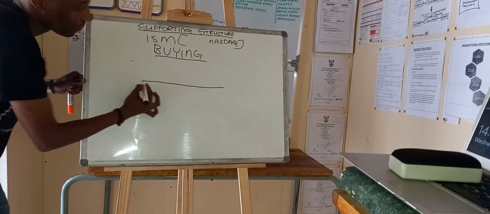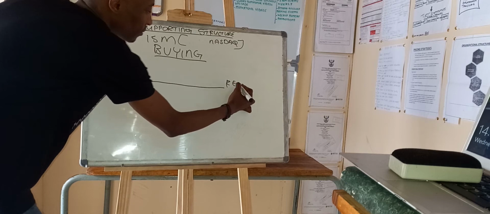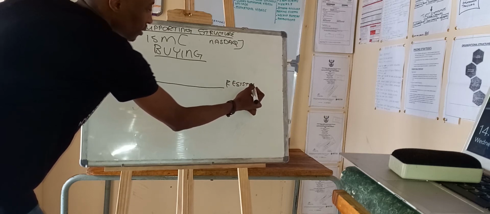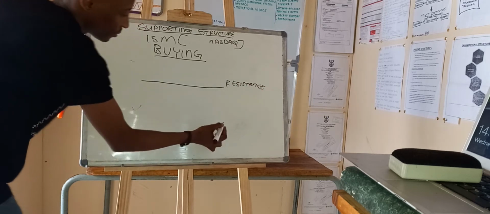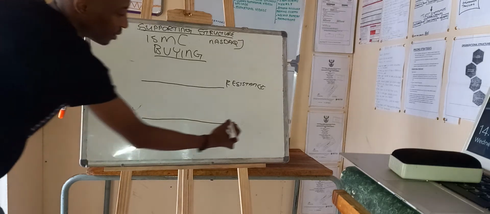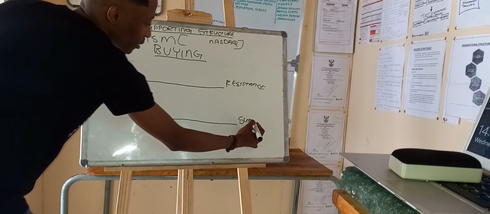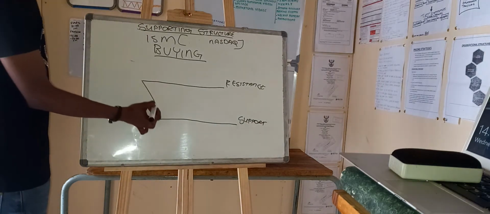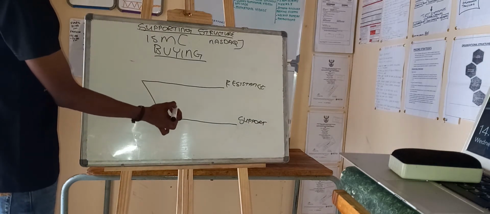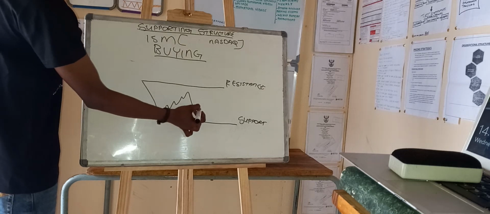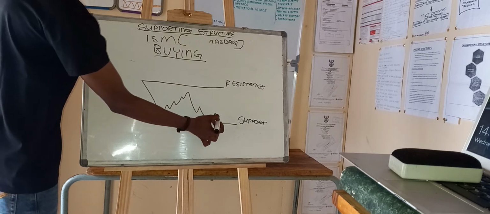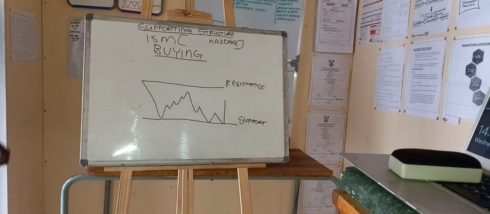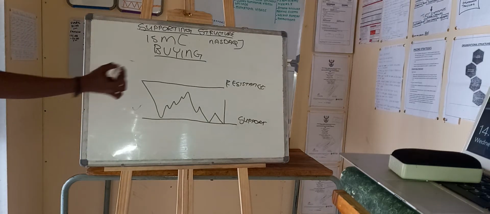Now you have your resistance level there. Right? This is the resistance level. And then down there, you have what we call the support level. Okay? Now, let's say this is the market moving in a zigzag, right? And then the market comes, and what you must look for is a double bottom on a 15-minute time frame.